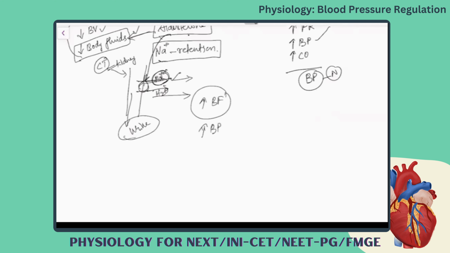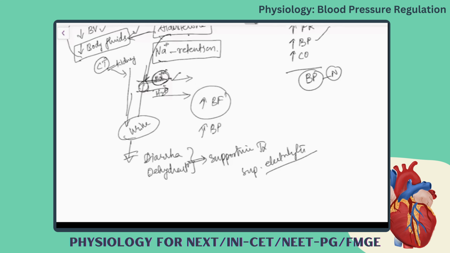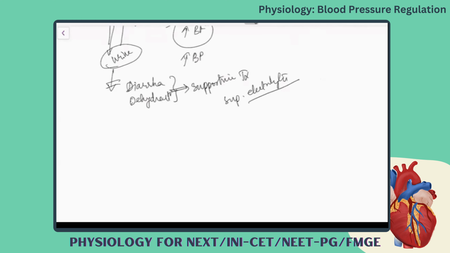This is the reason why, if a person is encountering diarrhea or any kind of dehydration, in most cases supportive treatment is given. So what is done in the supportive treatment? Supplementing electrolytes. If it is an emergency condition, during midnight, a person is having severe diarrhea, vomiting, loss of body fluids, how will you rectify it?